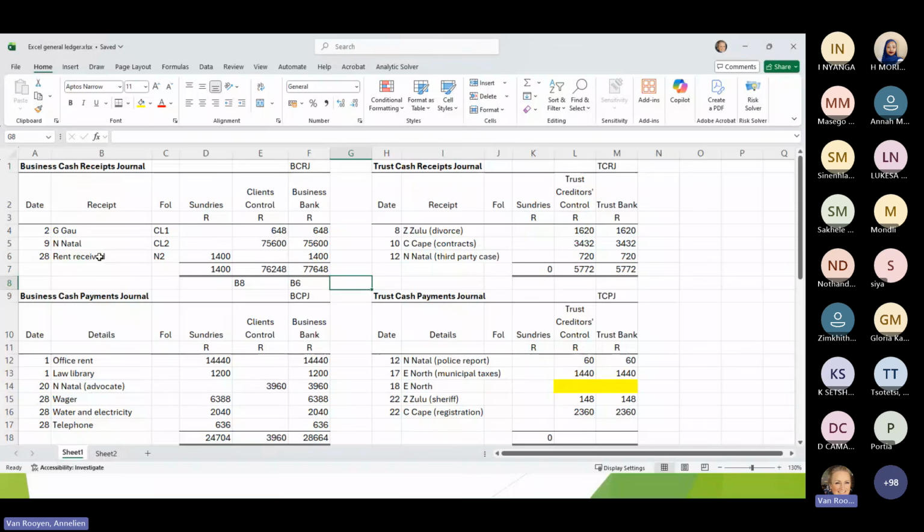So make a note of it somewhere so that you don't ask this again. That's why we say N. So rent received has a nominal account and the number is 2.